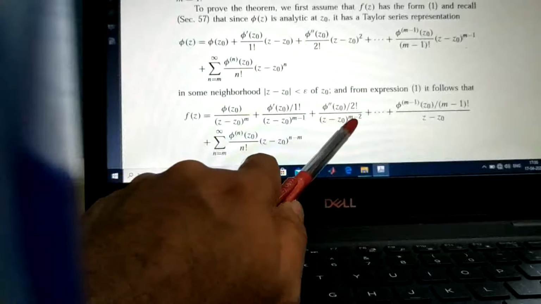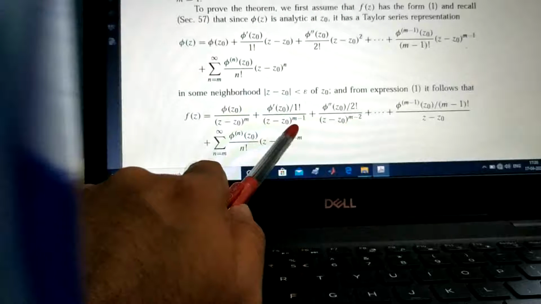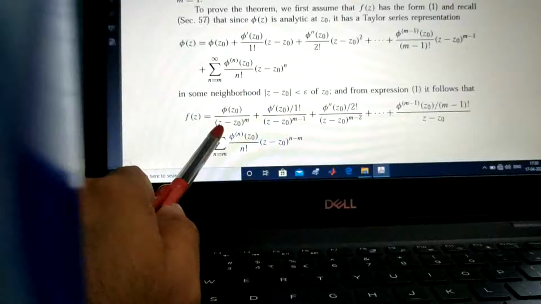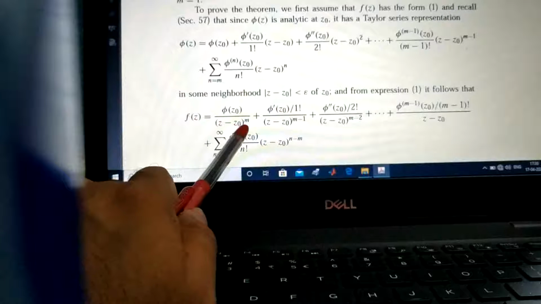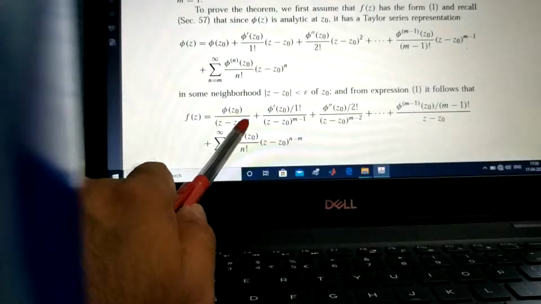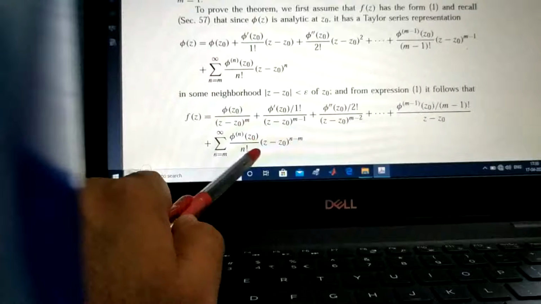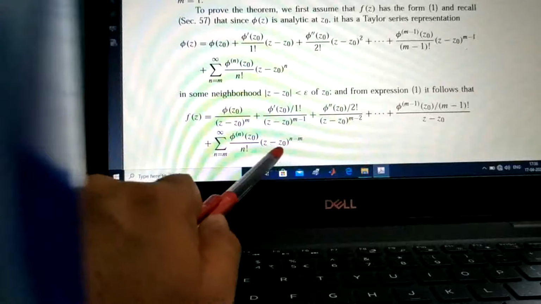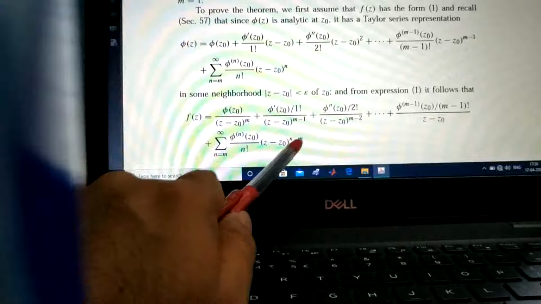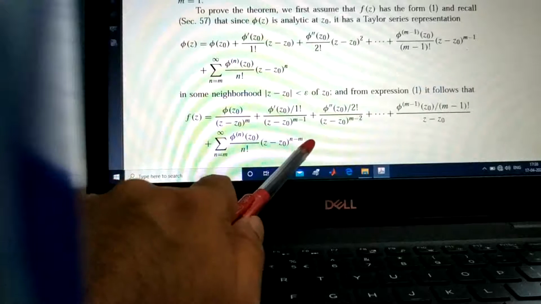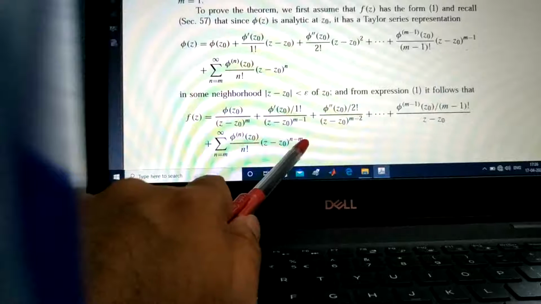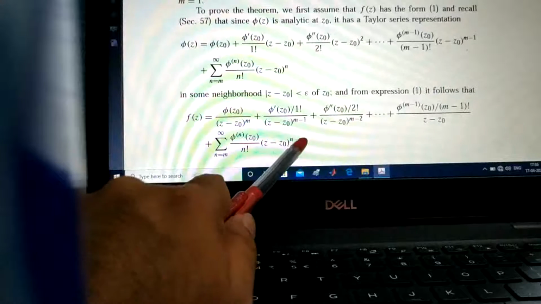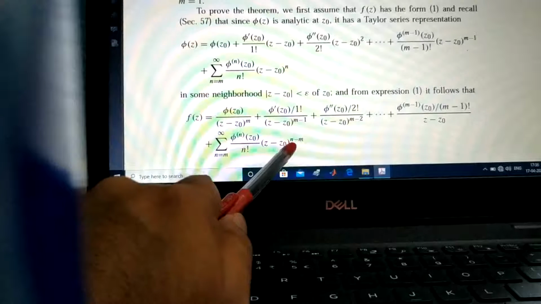Then (z minus z naught) to the power m minus 2, m minus 1, and here the highest power will be (z minus z naught) to the power m, and here (z minus z naught) to the power n minus m, where n is greater than or equal to m. So here n is bigger than m, so this is also a positive integer.